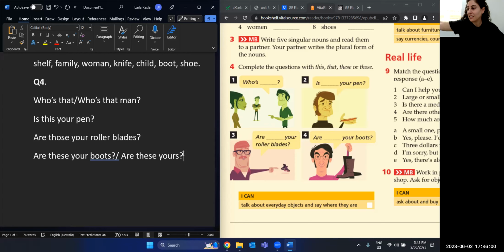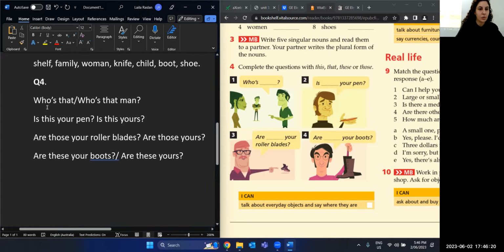Is that yours? So I don't need to say the noun if you want. Same here. Are those your rollerblades? Are those yours? Is this your pen? Is this yours? Who's that? So who's that man? Because it has the noun, man. Or I don't need to have the noun. Who's that?